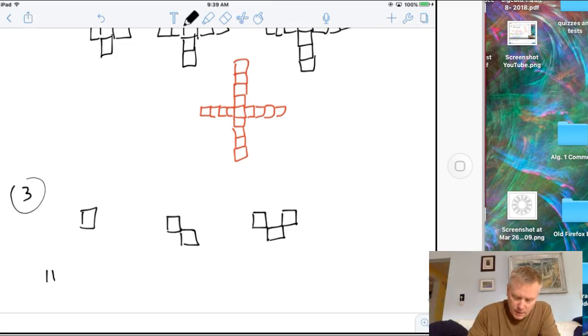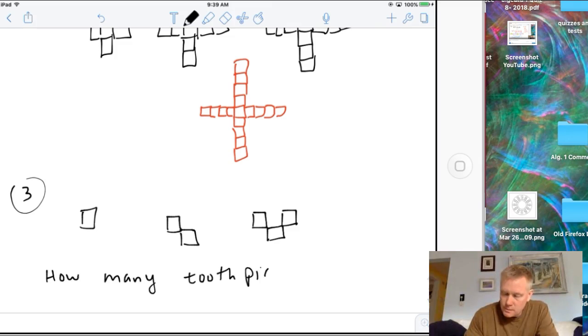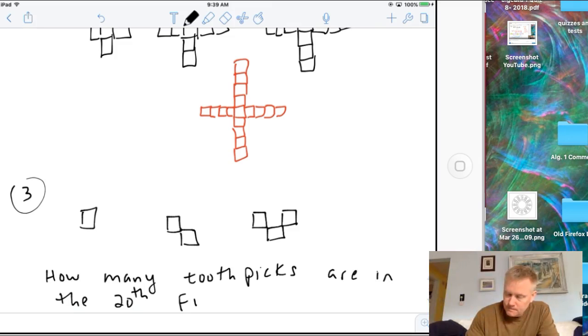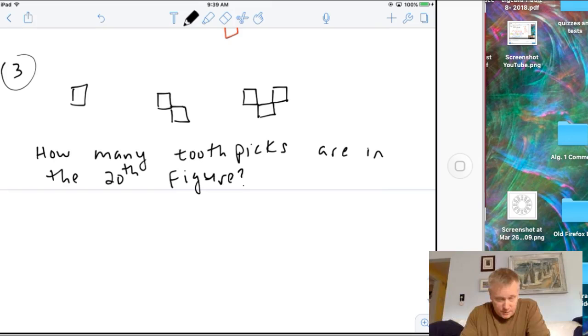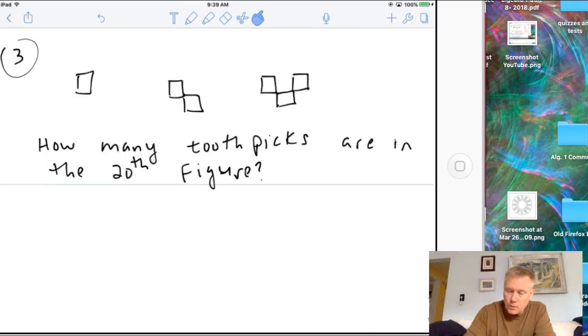And the question says, how many toothpicks are in the 20th figure? Okay, so if you would like to sit there and draw that out, extend that pattern to 20 times, be my guest. I'm going to try to find an easier way.